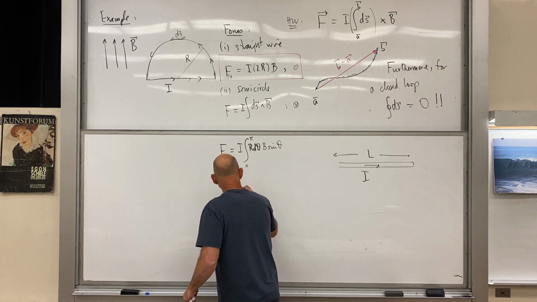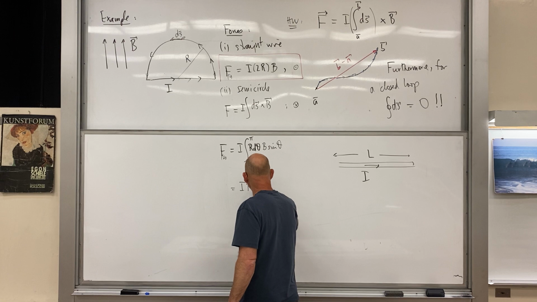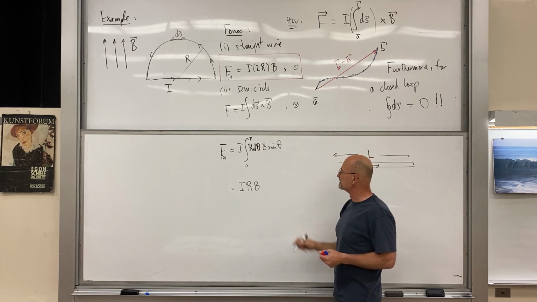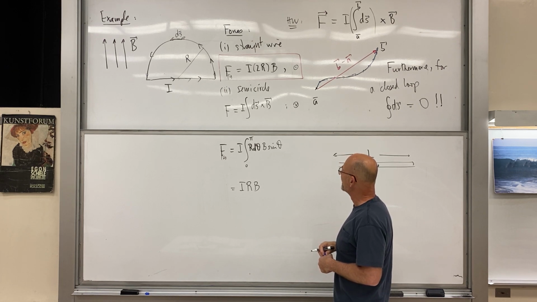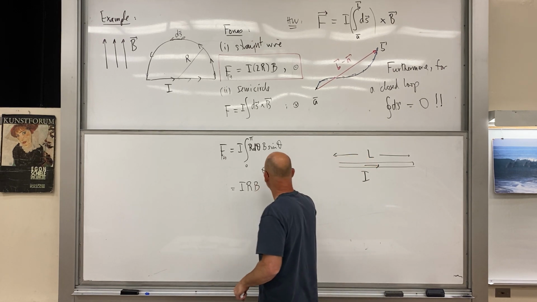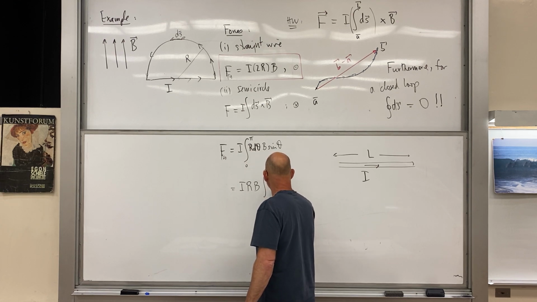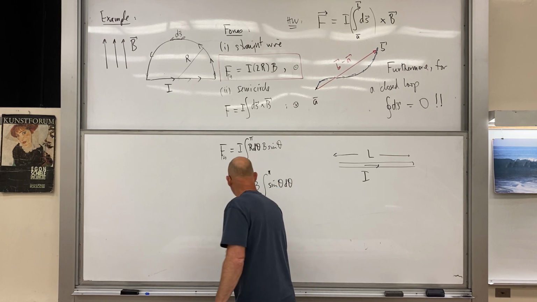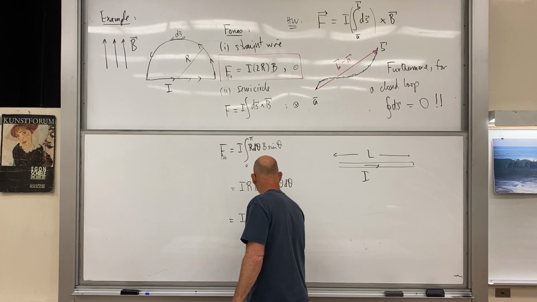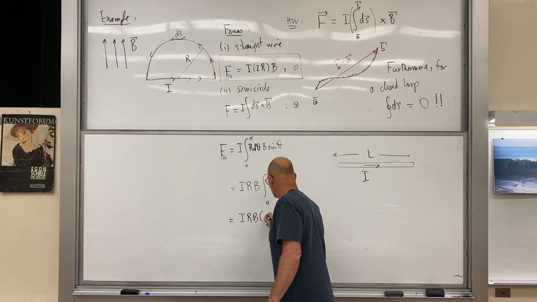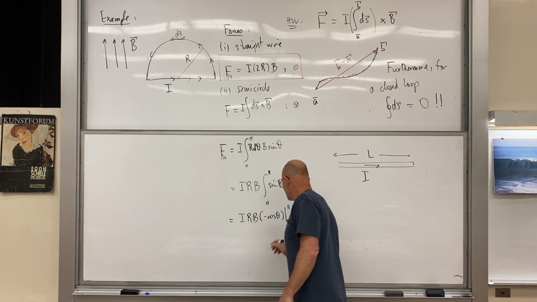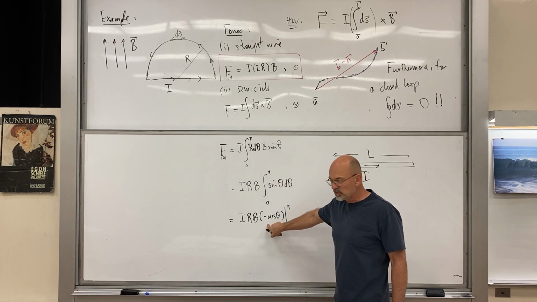So let's go ahead and do that. We have I, R, B. Remember, this is by the definition of the cross product. So IRB integral sine theta d theta, 0 to pi, IRB times negative cosine theta from 0 to pi, and that is going to give us a 2.